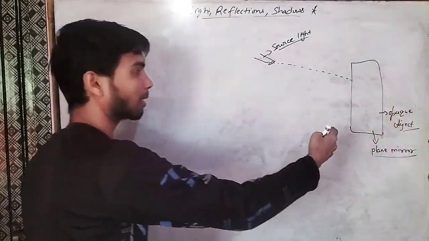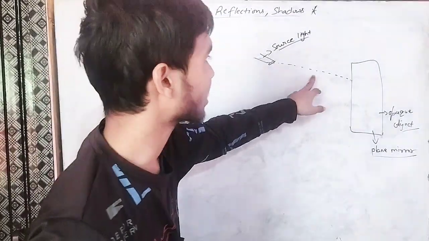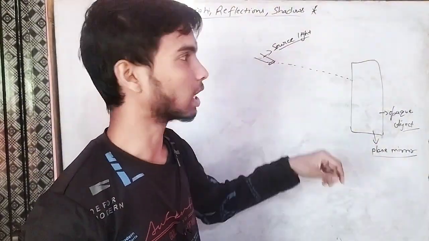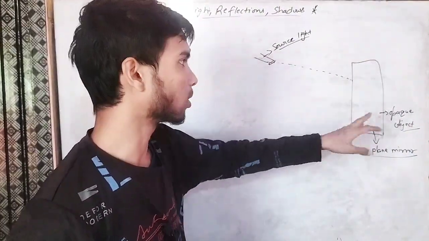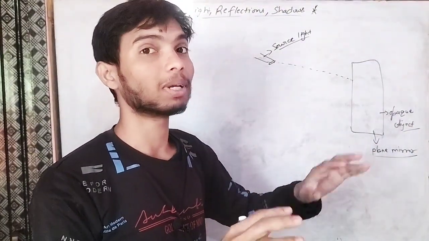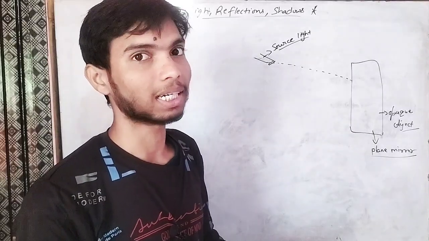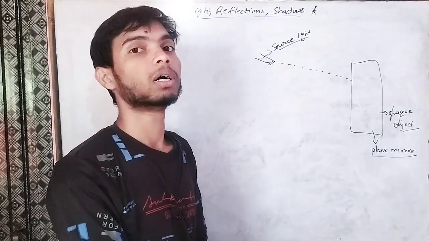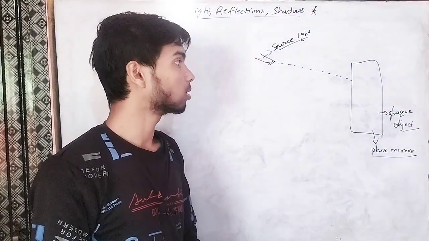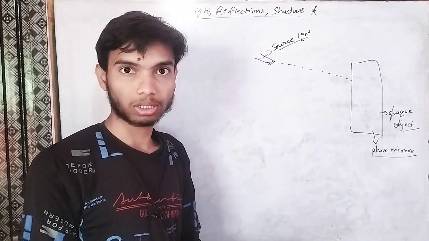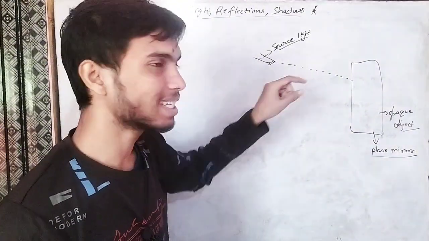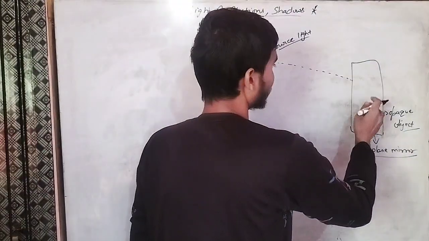This painted area behind the mirror doesn't allow the light coming from the source to pass. So of course this is an opaque object.